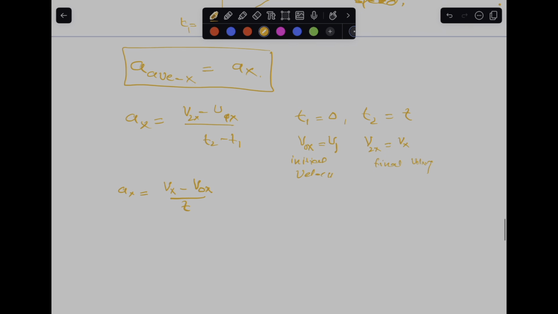Just multiply both sides by t. So you will get ax t equals vx minus v naught of x. So your final velocity is vx equals v naught of x plus ax t. This is your first equation of motion.